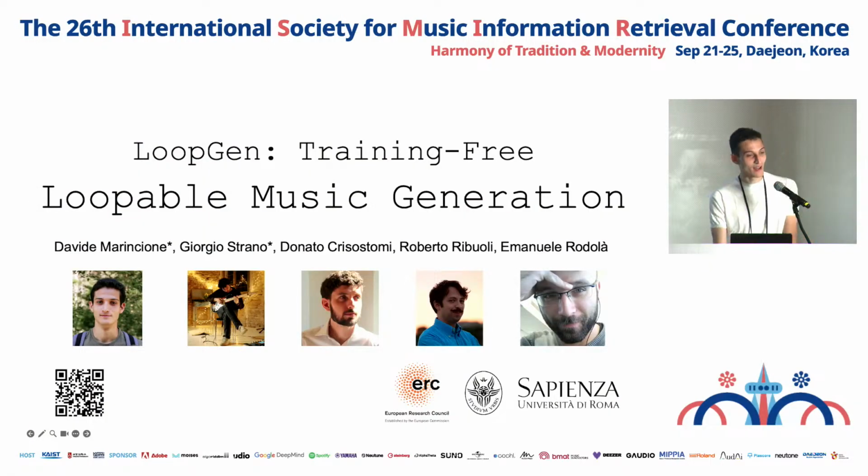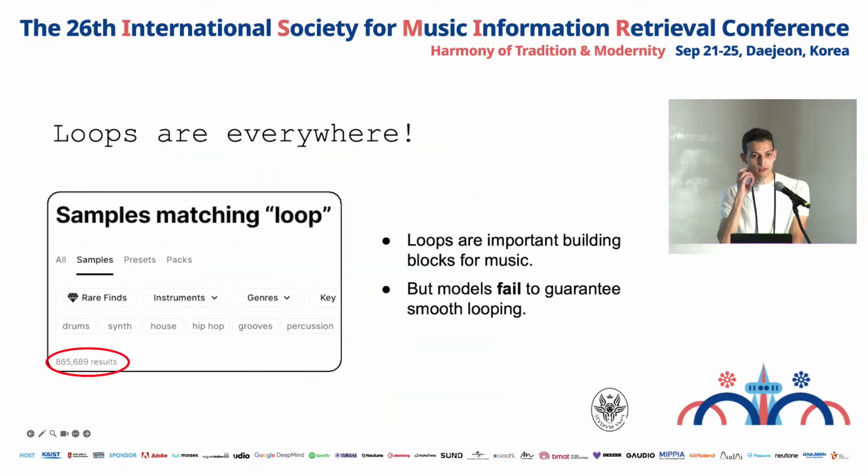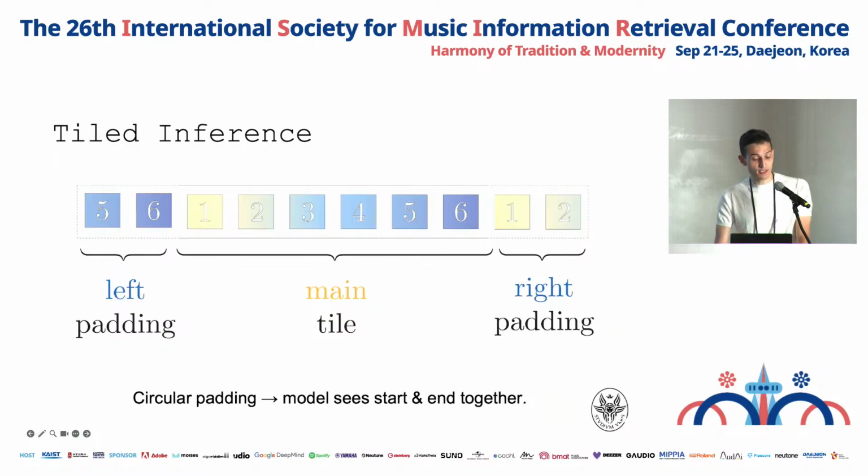So, why loops? Well, the reason is that loops are pretty important to music, but currently state-of-the-art models are unable to give you audio that right out of the model is actually able to loop. So we tried to tackle this problem. The first thing we do is take MAGNeT, a non-autoregressive audio model, and modify its inference process by making it tiled.